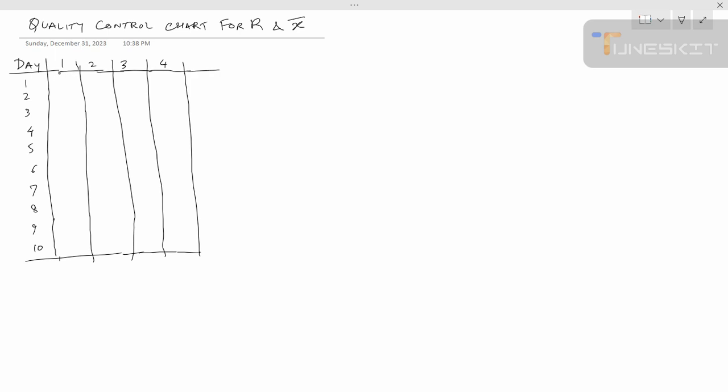Now let's take this data as an example. The first customer on day 1 has taken 3.7 minutes, the second customer 5.2, the third customer 2.8, and the fourth customer, let's suppose, has taken 3.1 minutes.